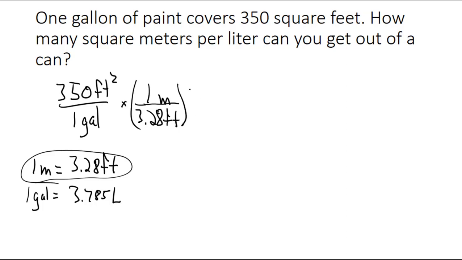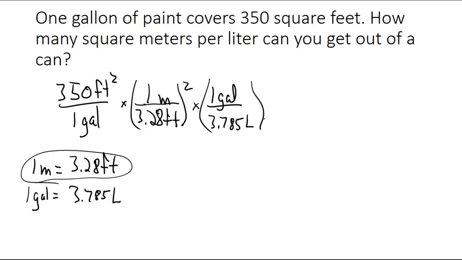So I need to square this factor. Then I've got gallons on the bottom, and I don't want gallons, I want liters on the bottom, so I'll put 1 gallon here, and I've got 3.785 liters there on the bottom. And I don't have to square that one because the gallon is not squared. So one of my conversion factors I square, the other one I don't.